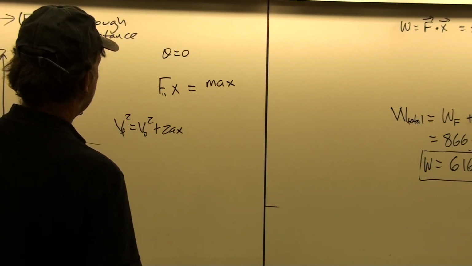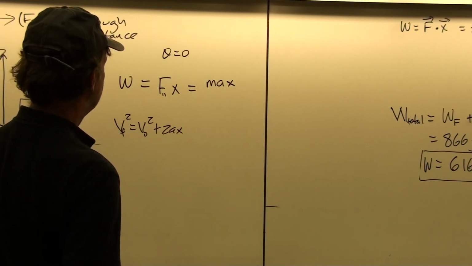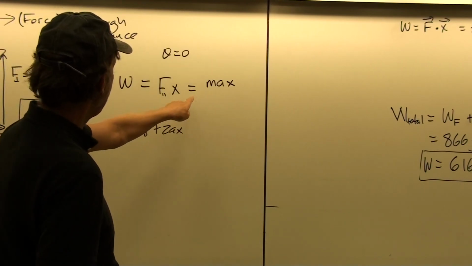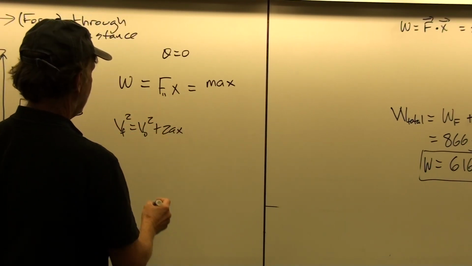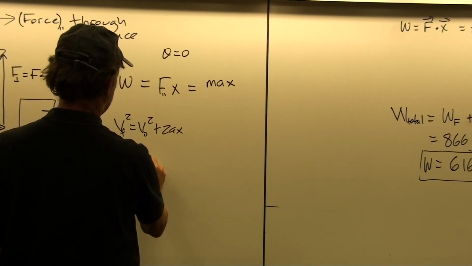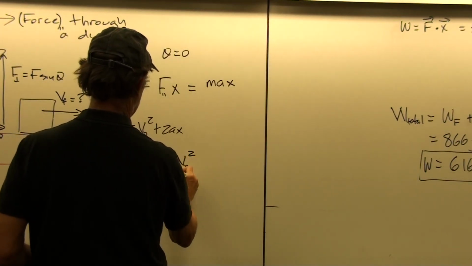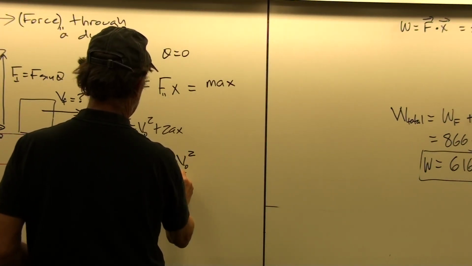And so our work done then is equal to max, and so then here ax is equal to V final squared minus V initial squared divided by 2.